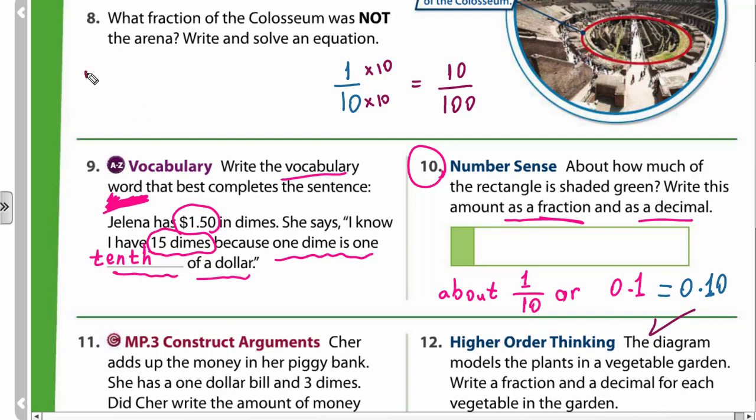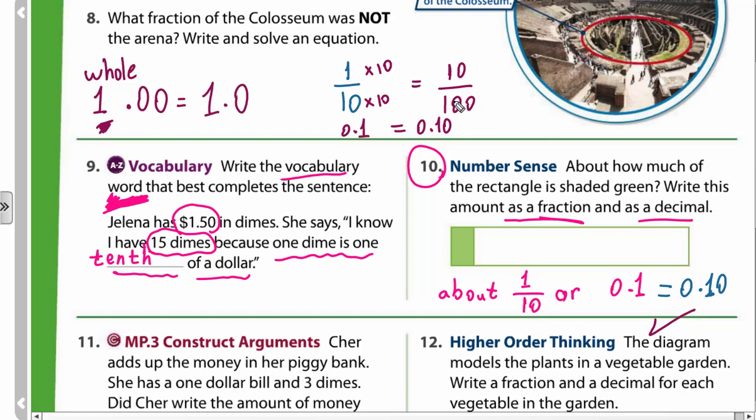So if we need to write whole one, it will be 1 for the whole, and point, we don't have decimals, so 0, 0. So the whole number is 1 here. And also we can write it 1.0. It's the same. But here, this one is 0.1, and the other one here is 0.10.